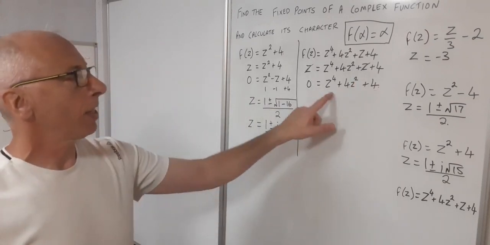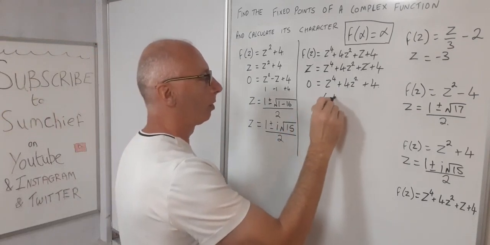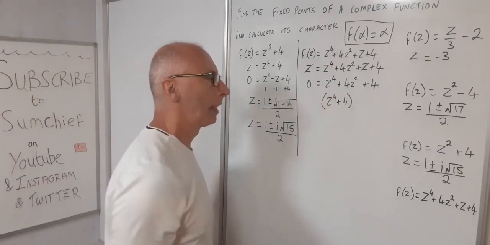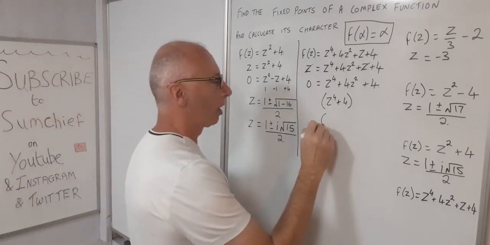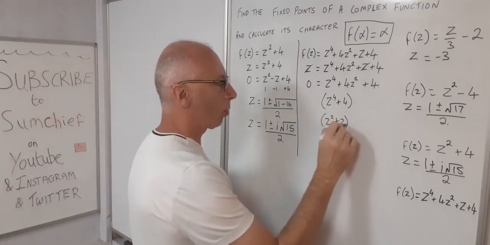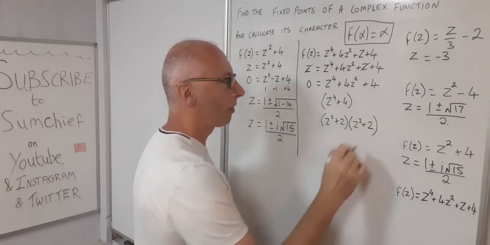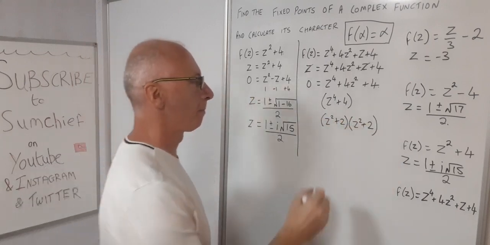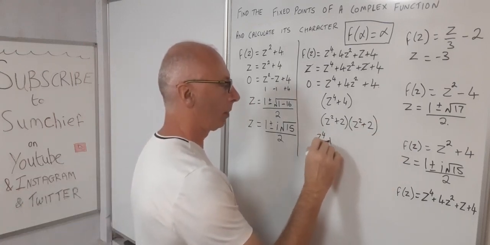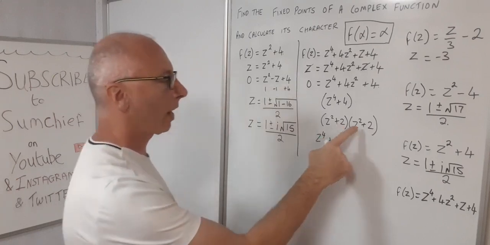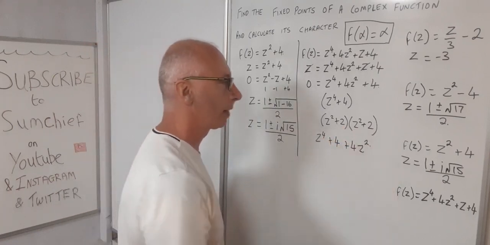So let's have a look at z to the 4 plus 4. Now I know if I do z squared plus 2 and square that, I will get a z to the 4 plus 4 out of that plus another term. So what we'll get out of that, z to the 4 plus 4, and 2z squared twice, that'll give me 4z squared.